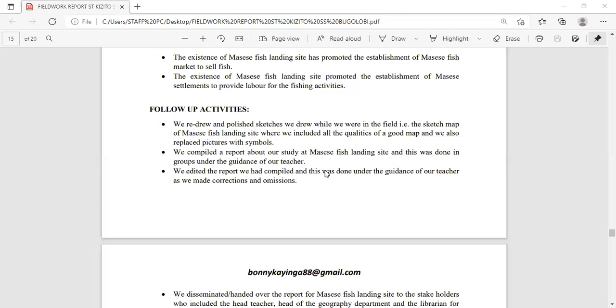We formulated the objectives of the study based on our topic of study: to find the location of the hill, find out the historical background of Mbuya Hill, and find out the physical features around Mbuya Hill. Good. Another one.